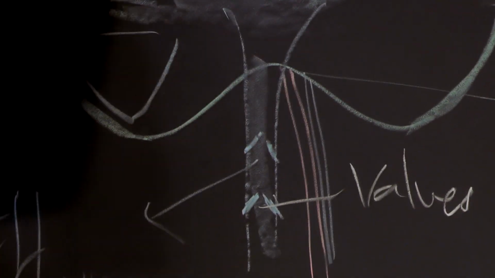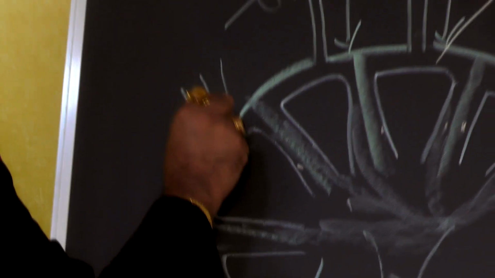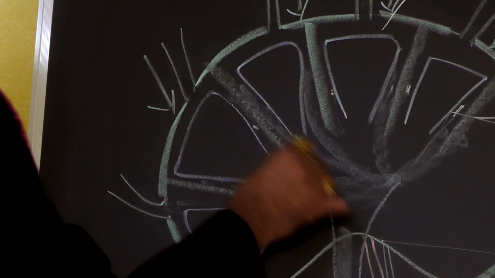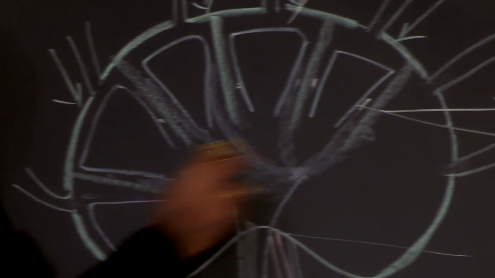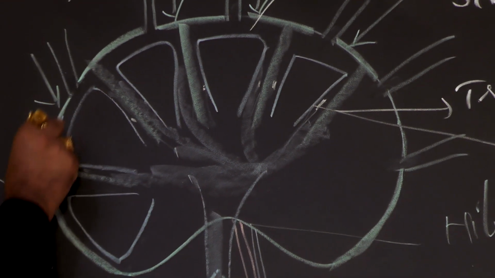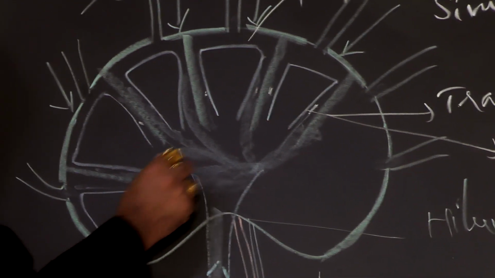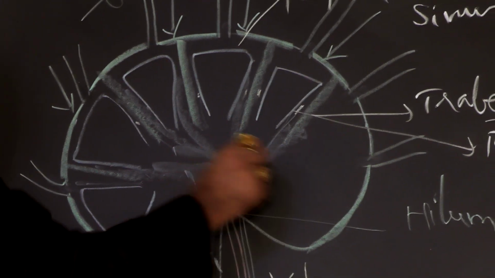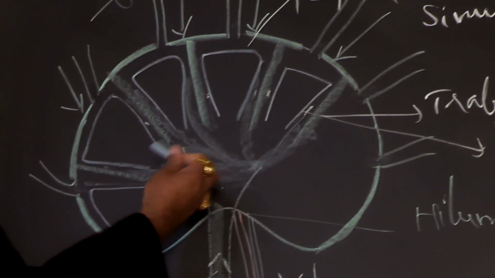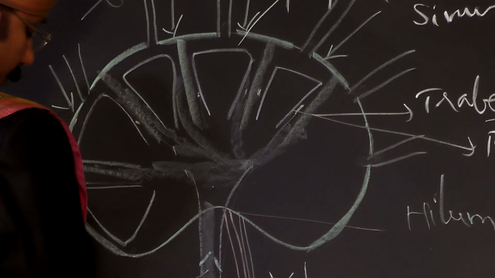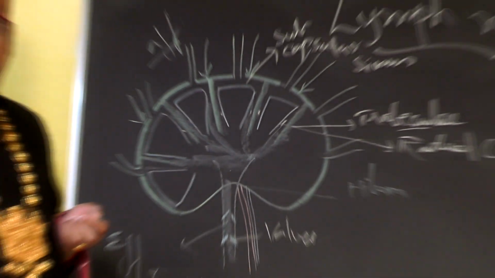Now if you see, the lymph is flowing through these afferent lymphatic channels and enters the subcapsular sinus. Here the radial cortical sinuses are present. So from the subcapsular sinus it is going to the radial cortical sinuses. Finally, in the region of medulla, they are all uniting to form a large sinus, and finally that is draining out in the form of efferent lymphatic channel.